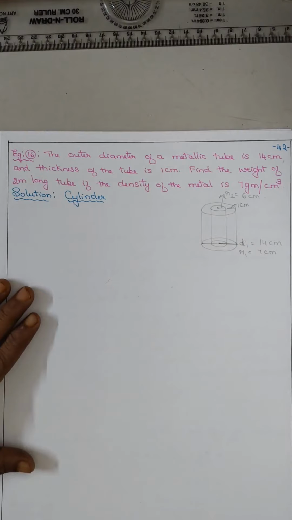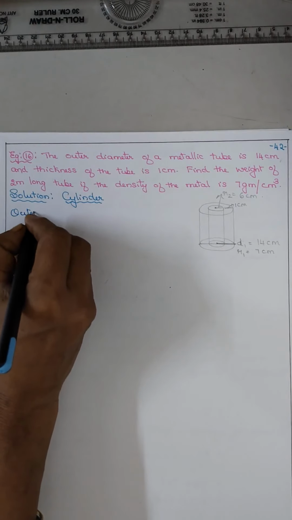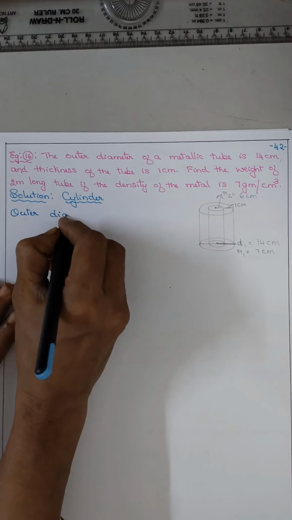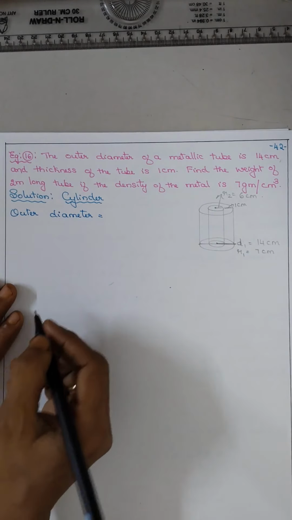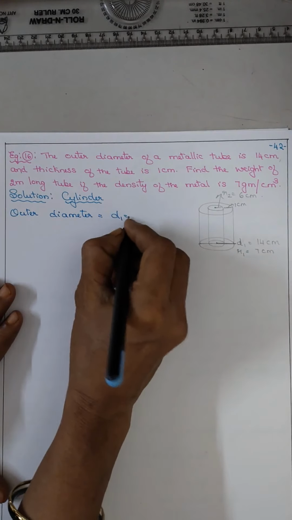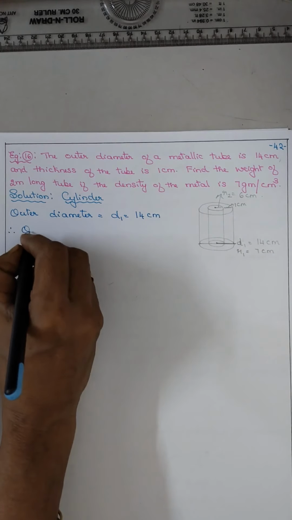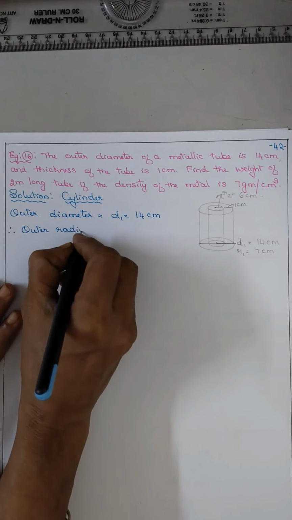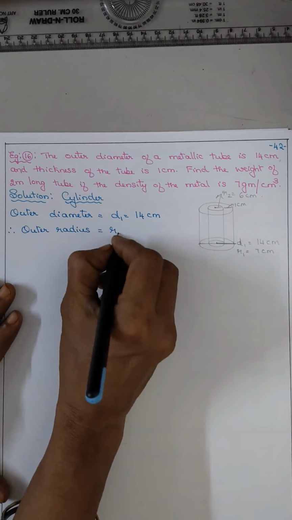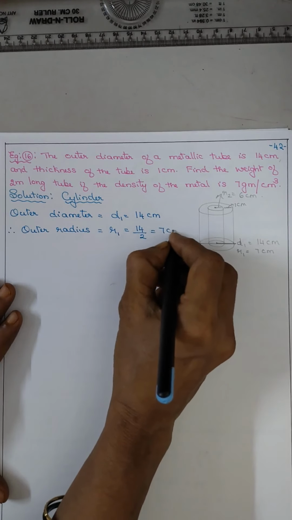So solution, cylinder. First write what all are given. Outer diameter, that is D1, is given as 14 centimeter. Therefore outer radius, that is R1, is equal to 14 by 2, that is 7 centimeter.